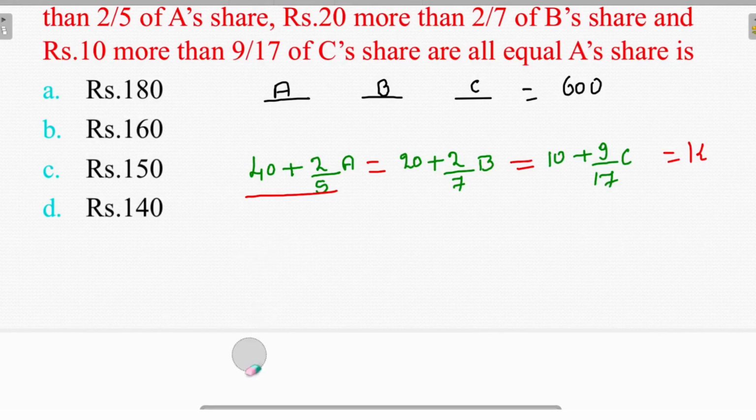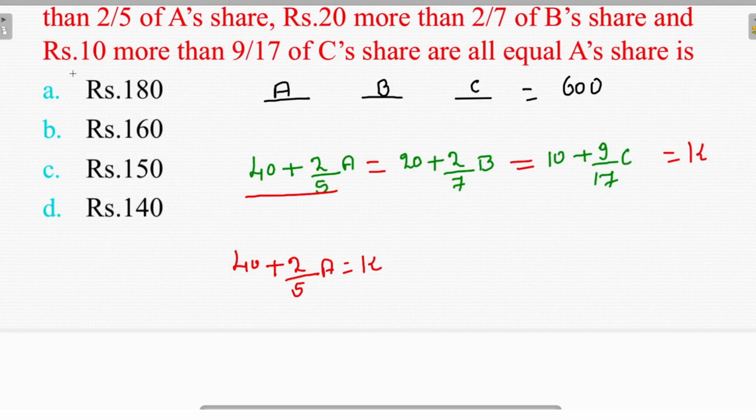See, I will show you. First I will show you this. One equation I will write. 40 plus 2 by 5A is equal to K. Now I want A. Now I can write it K minus 40, 5 by 2.